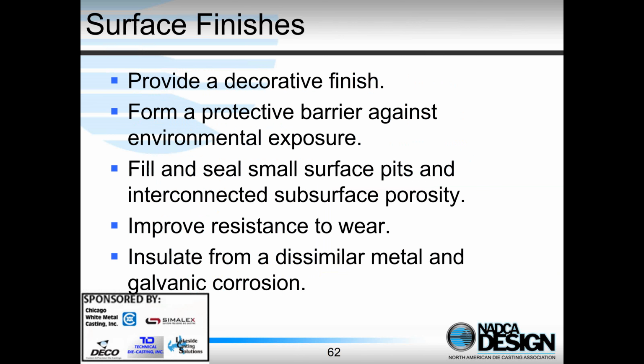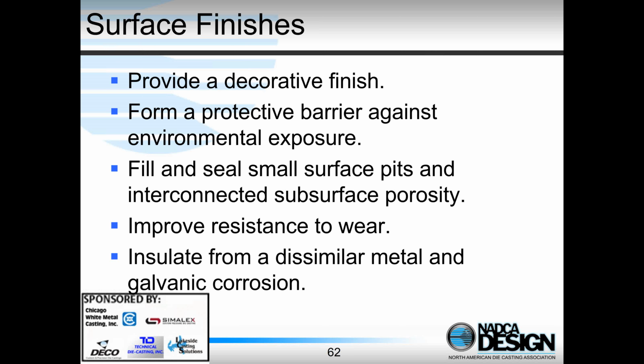Now, again, we can apply surface finishes to the die casting. We can do this for a whole range of different reasons. We can provide a decorative finish, protective barrier against oxidation or in the environment. We talked about filling porosity and any other small surface pits to prevent leaking.